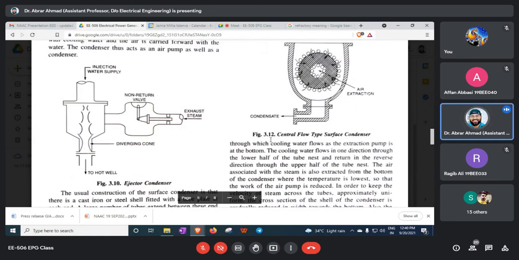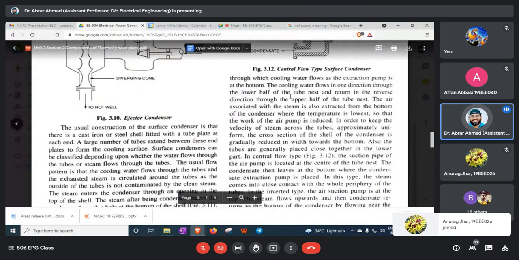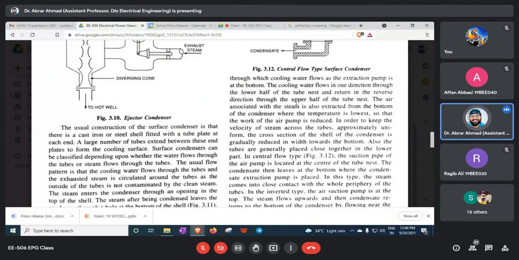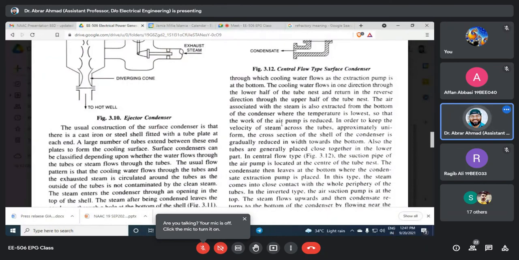Let me read a little bit about this. The cooling water flows in one direction through the lower half of the tube nest and returns in the reverse direction through the upper half of the tube nest. The air associated with the steam is also extracted from the bottom of the condenser where the temperature is lowest, so the work of the air pump is reduced.